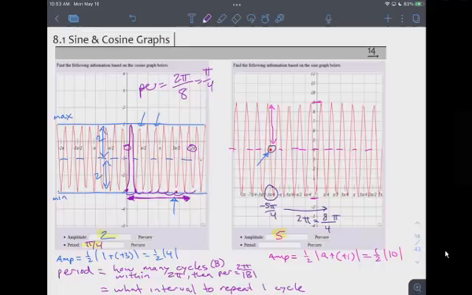So I have 5 to the left, so how many do I need to move to the right? A total of 3 pi over 4. So right here, I see is the total distance of 2 pi. There's my interval, 2 pi.